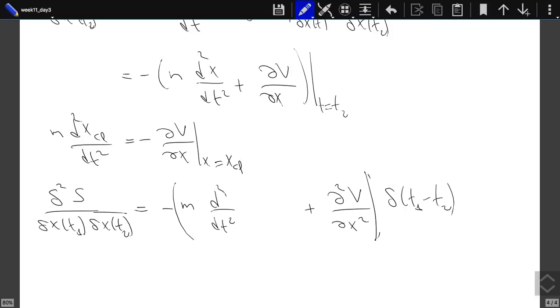Well, this basically tells us that it is a diagonal matrix. Dirac delta t1 minus t2 tells me that it's diagonal. So we need to go ahead and calculate the eigenvalues of this operator and multiply its eigenvalues, if we can.